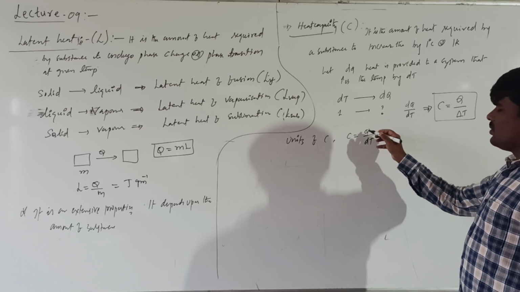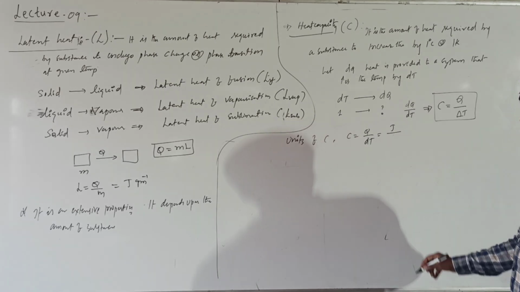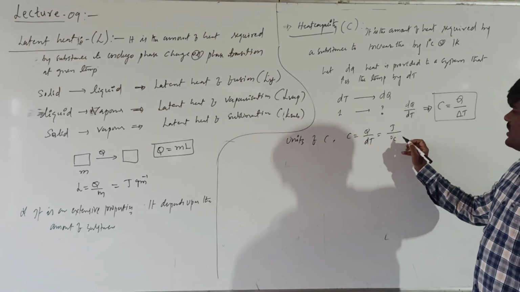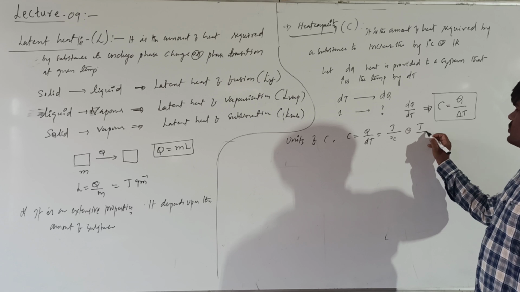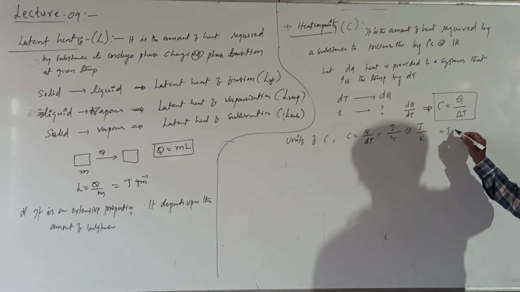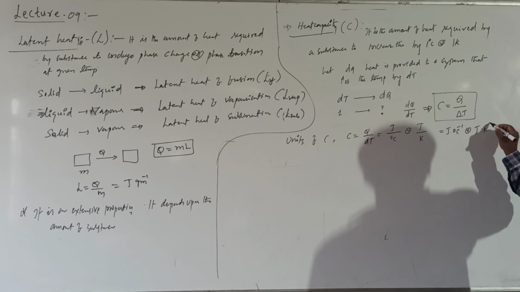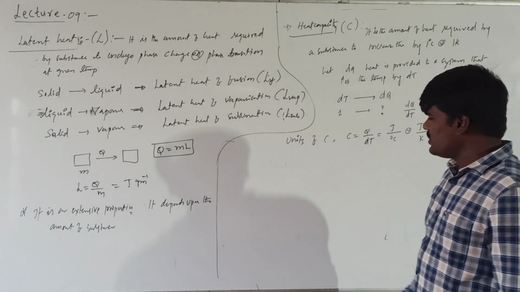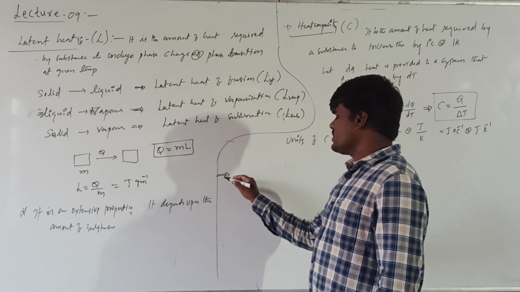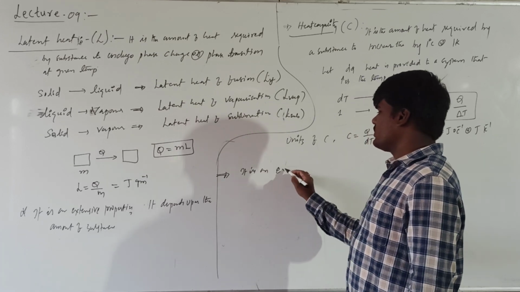What are the units of heat? Joules. What are the units of temperature? Either degree Celsius or Kelvin. So the units will be joule per degree Celsius or joule per Kelvin. Now the important thing is that it is an extensive property.